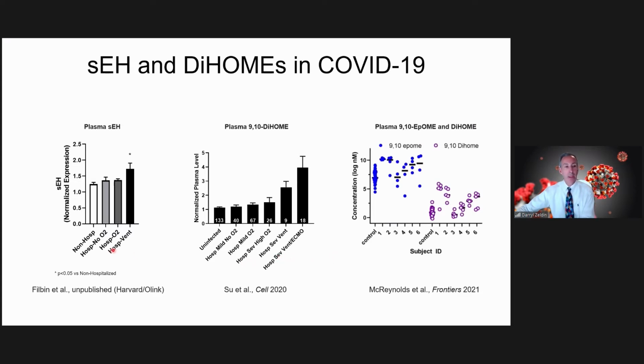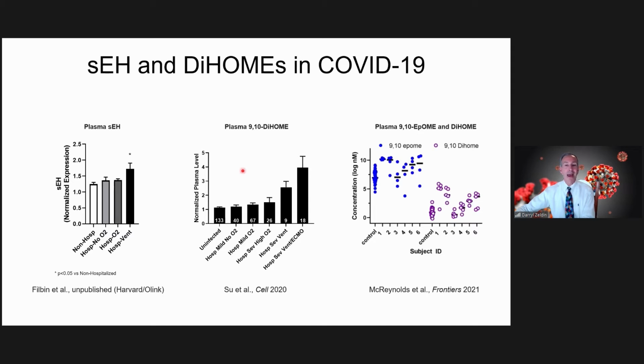A proteomic study of human plasma from COVID-19 patients found that levels of sEH on admission correlated with disease severity, with increased sEH levels in the most severely affected individuals who were hospitalized on ventilators.